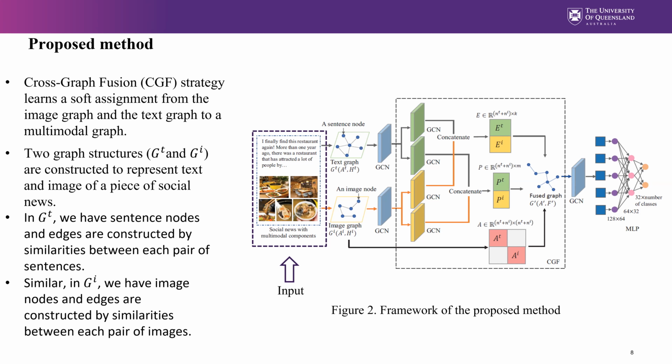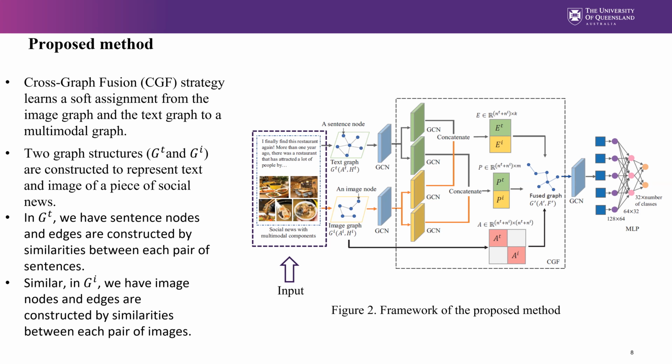In GT, we have sentence nodes, and the edges are constructed by the similarity between each pair of sentences. We calculate the similarity between each pair of sentences, and there is a threshold. If the similarity is above that threshold, there will be an edge, but if it is below the threshold, there won't be.